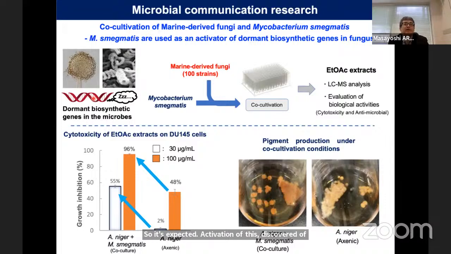So we are conducting a co-culture experiment involving Mycobacterium smegmatis and marine-derived fungi as a method to activate the dormant genes. Specifically, Mycobacterium smegmatis was used as an activator of dormant biosynthetic gene clusters in fungi.